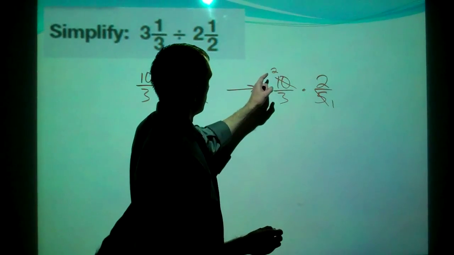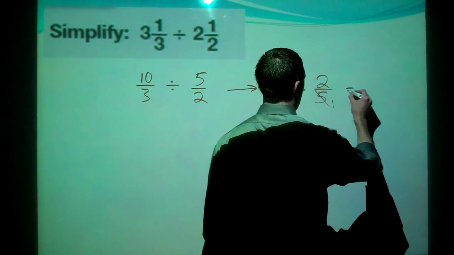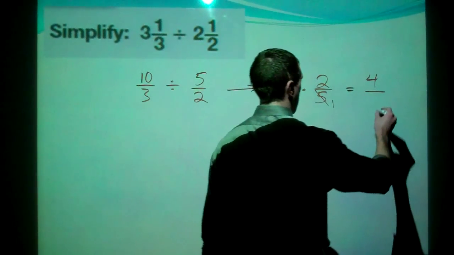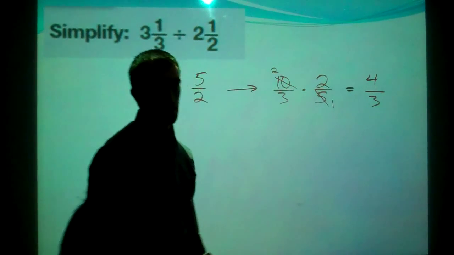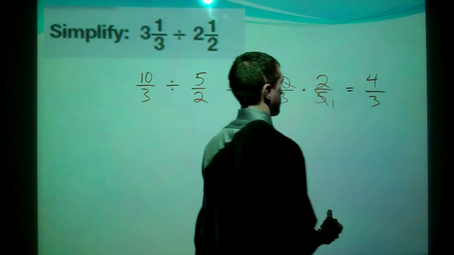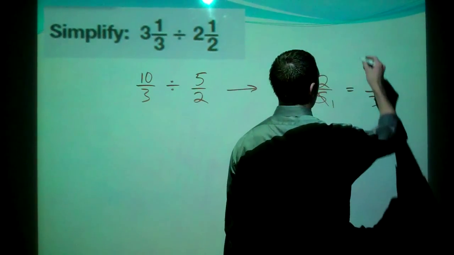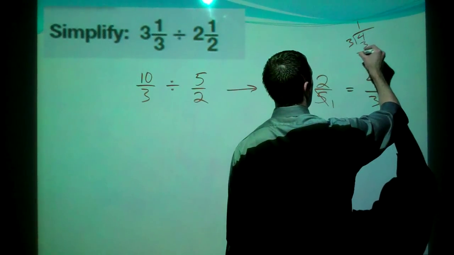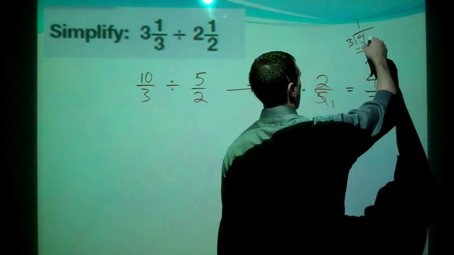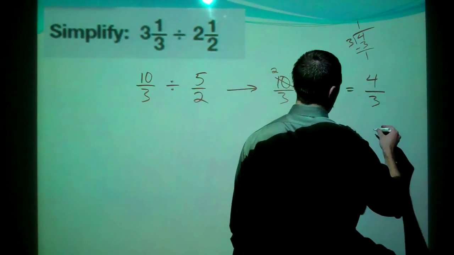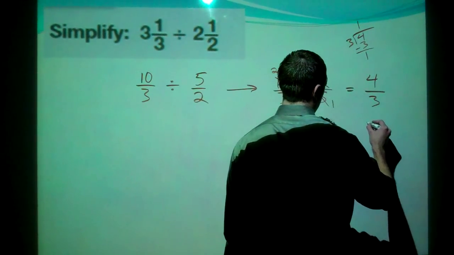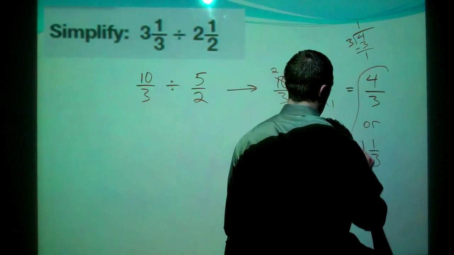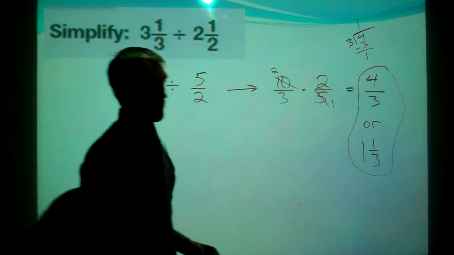So now we have 2 times 2, which is 4, and 3 times 1, which is 3. So 4/3, or if we look at this, 3 goes into 4 once, and we subtract, we get 1 and 1 over 3. Either of those would work.